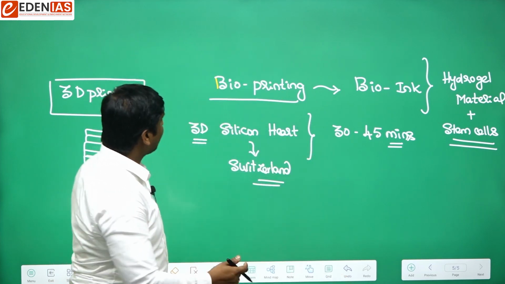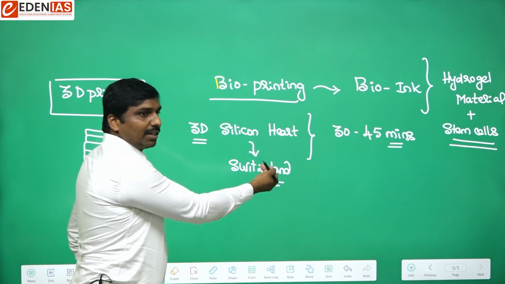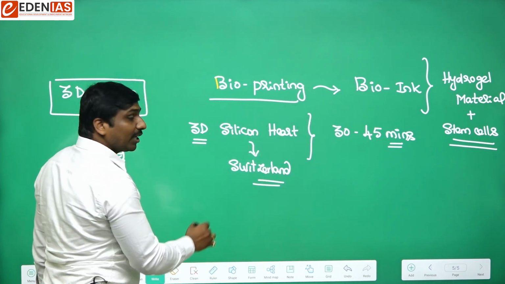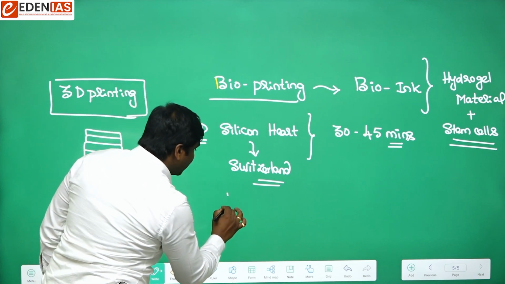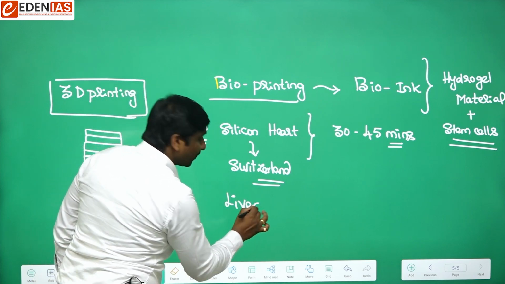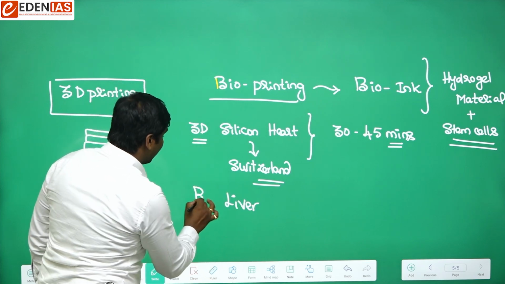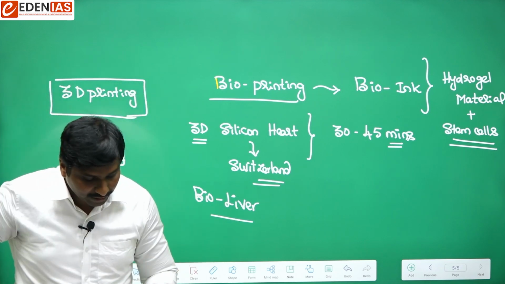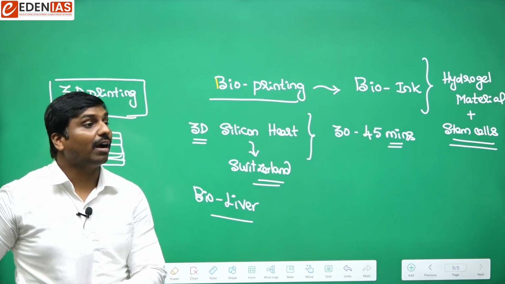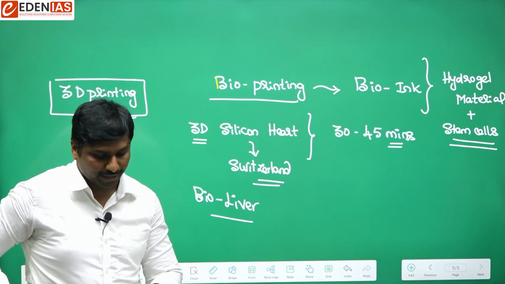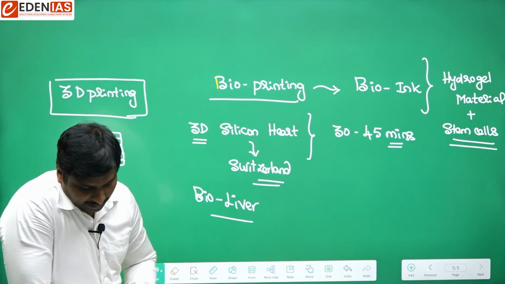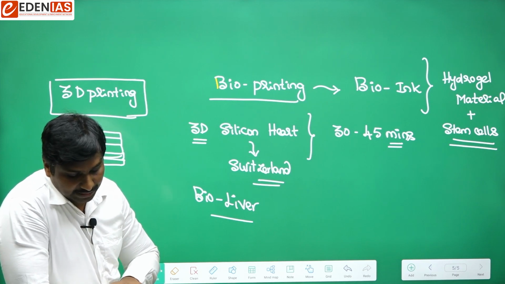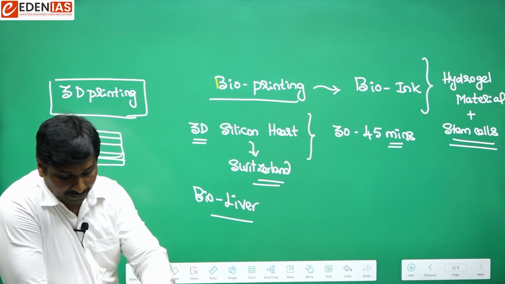For example, this is an artificial heart, a bio heart that we have produced. In a similar fashion, we can also produce a liver, a bio liver. In this fashion we can produce artificial organs, and other bodily parts also.